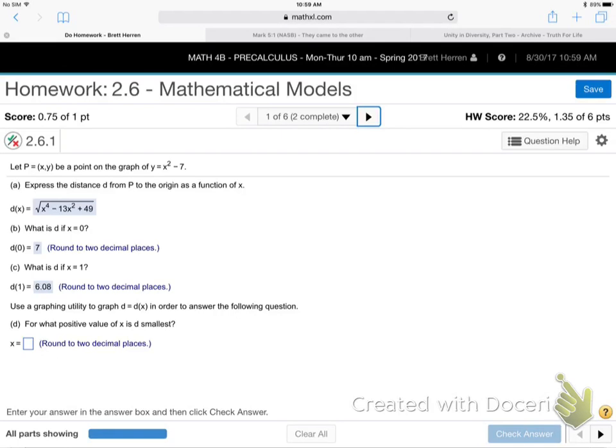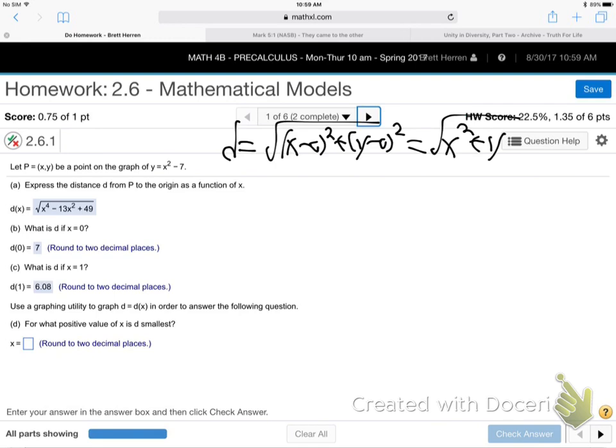Let me go to a fresh screen. Got a little more work to do on this one. So again, where are we at right now? We got the distance formula, which started off as x minus 0 squared plus y minus 0 squared, which is x squared plus y squared, right? Because it's the distance from (0, 0) to (x, y).